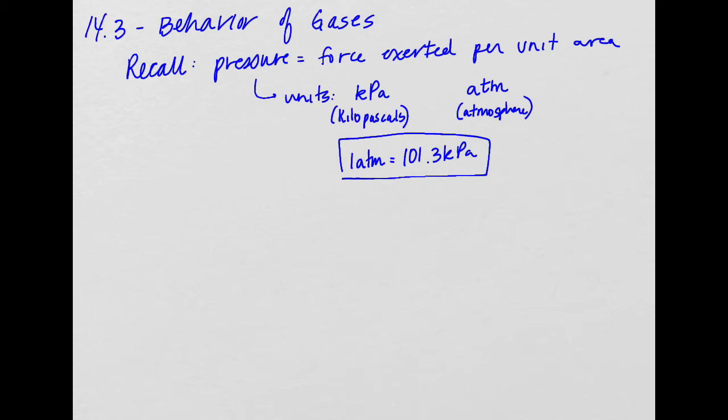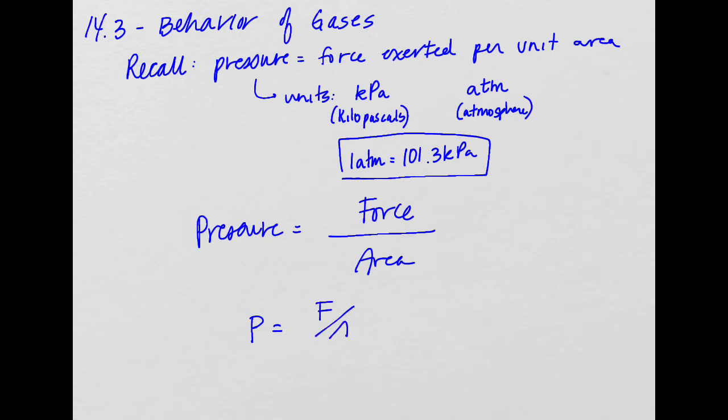All right. So pressure is equal to force divided by area, or we can say pressure is equal to F over A. When we use this exact equation, we must put pressure not in kilopascals, but just pascals.